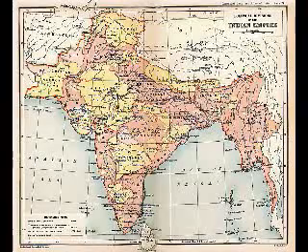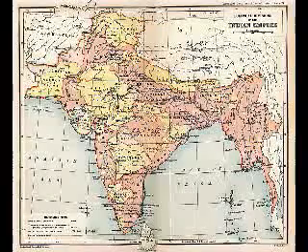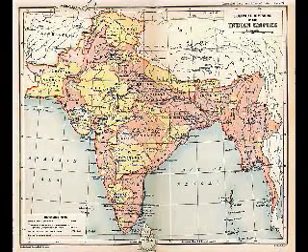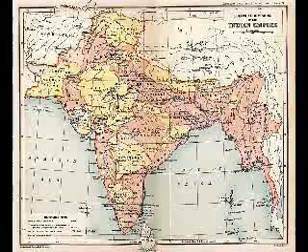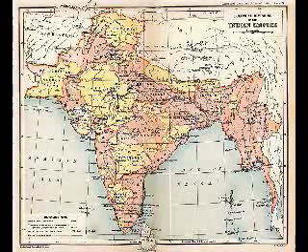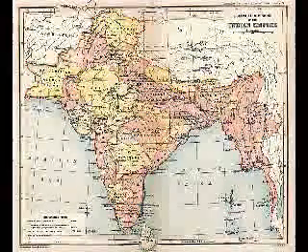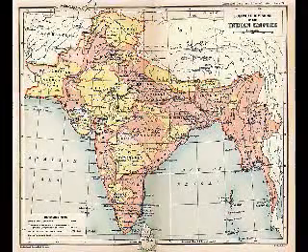In the reorganization of the army, the main concern of the British was that the happening of 1857 may never be repeated. For this, a number of steps were taken.